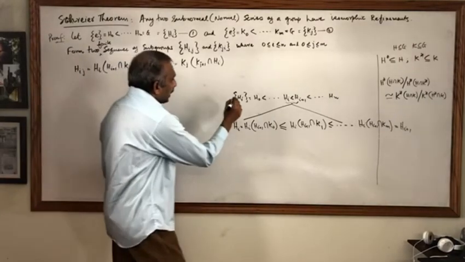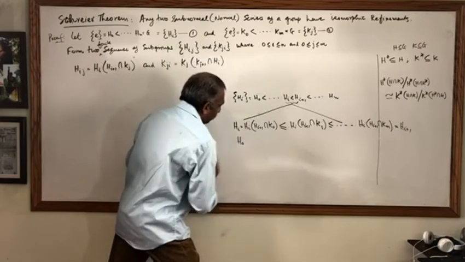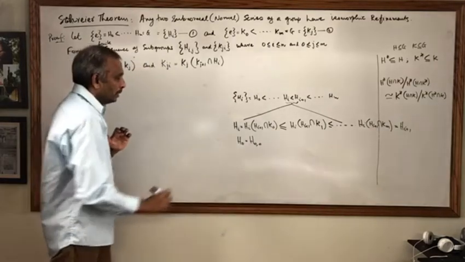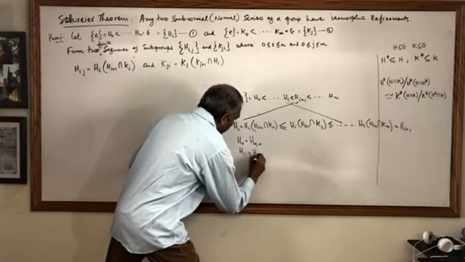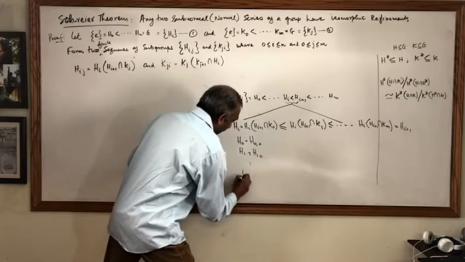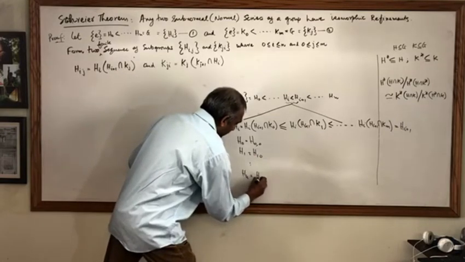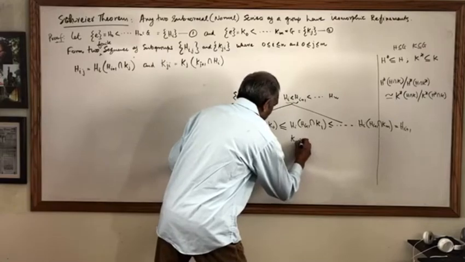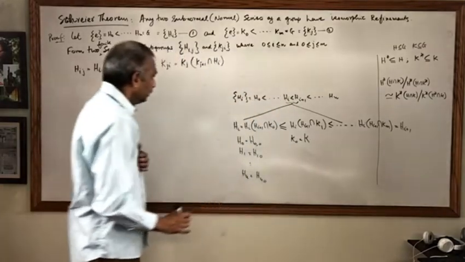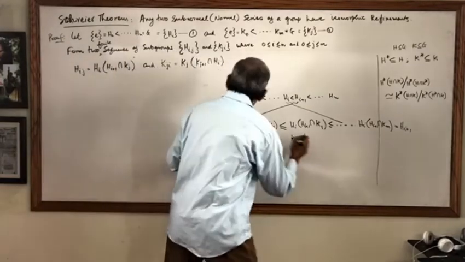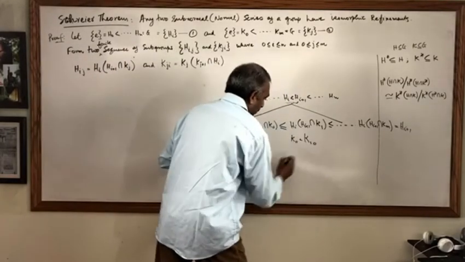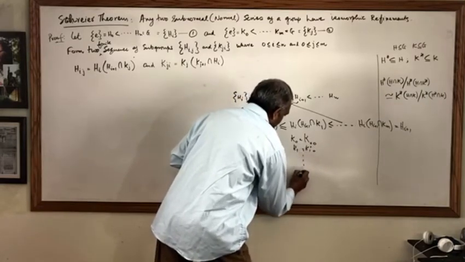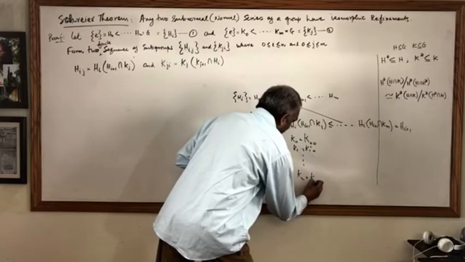So you can write H0 as H00 and H1 as H10, ..., Hn as Hn0. Like that, K0 will be K00, K1 will be K10, ..., Km is going to be Km0.